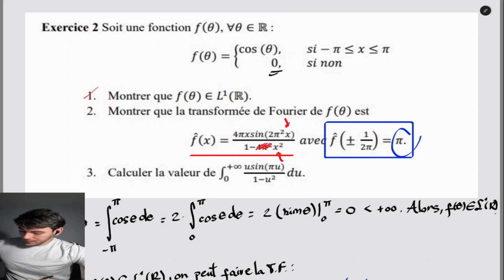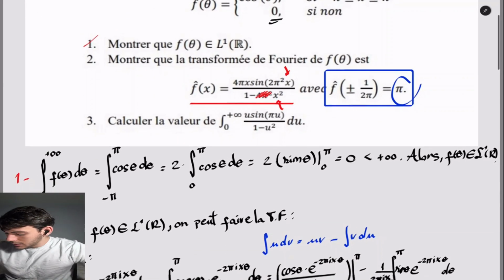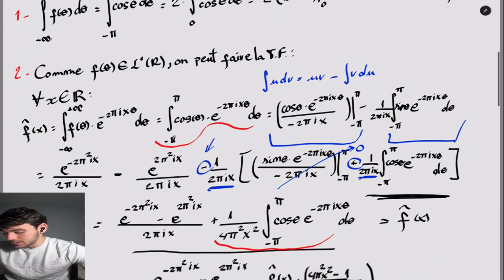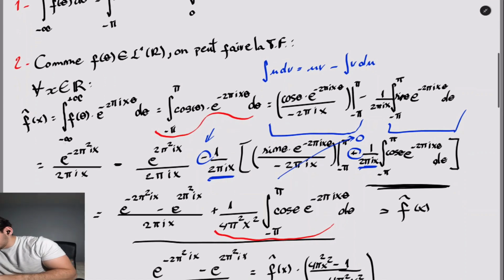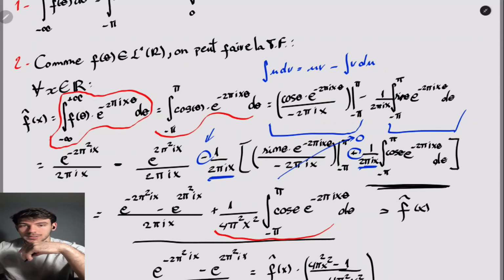And well, there are two main methods of doing it. Here you can go by the definition. So here you use the definition of the Fourier transform. So it's the integral of the function times this exponential.